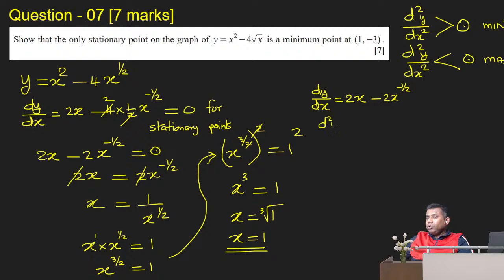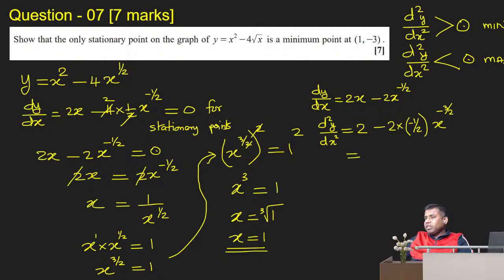This is d2y over dx squared equals, the derivative of 2x is 2, minus 2 times minus half x to the power minus 3 over 2, right?